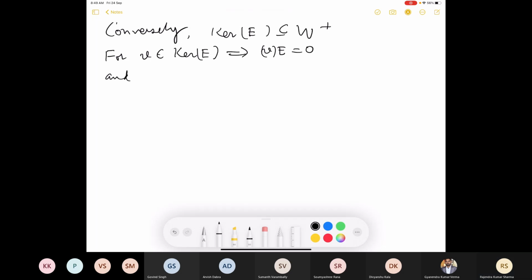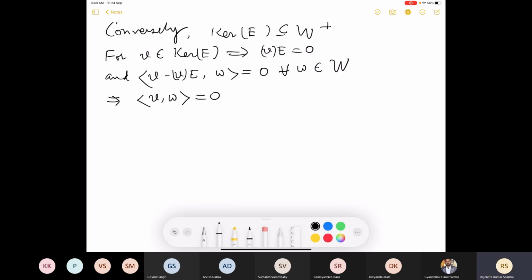And V minus VE, inner product with W, because this is best approximation, is 0 for every W in W. And that will make that V and W will be orthogonal, because VE is 0, so this is simply 0.